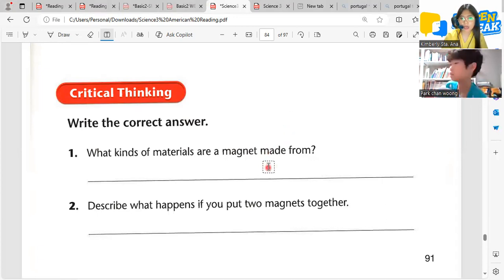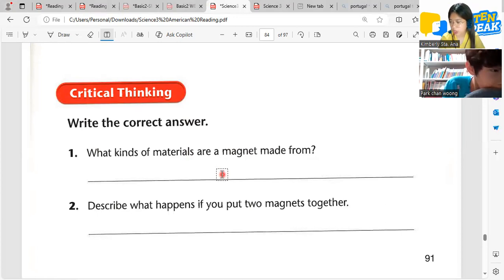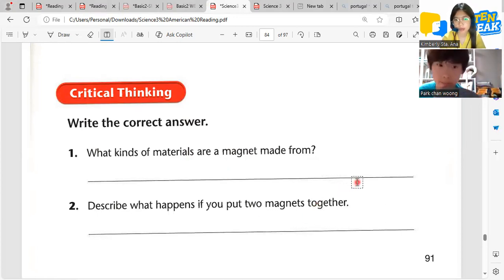Are they non-magnetic or magnetic? Oh, magnetic. So how do you say that? Magnets are made from magnetic materials. Let's try it one more time. Magnets are made from magnetic materials.